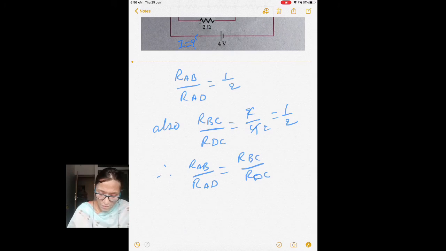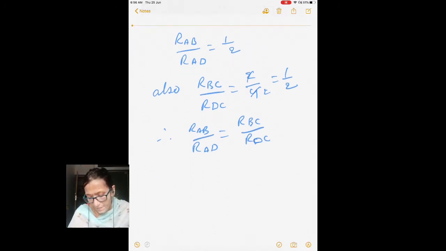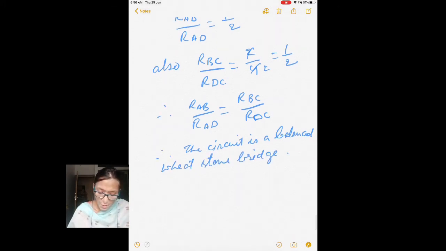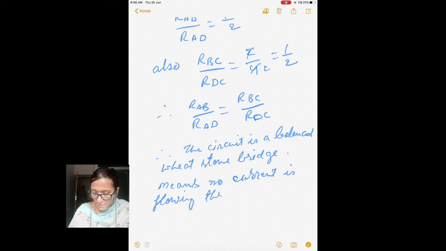And therefore, the circuit is a balanced Wheatstone bridge, which means no current is flowing through the arm BD.